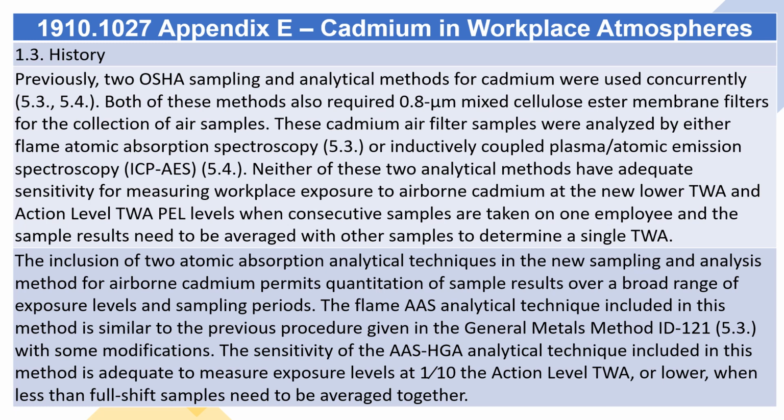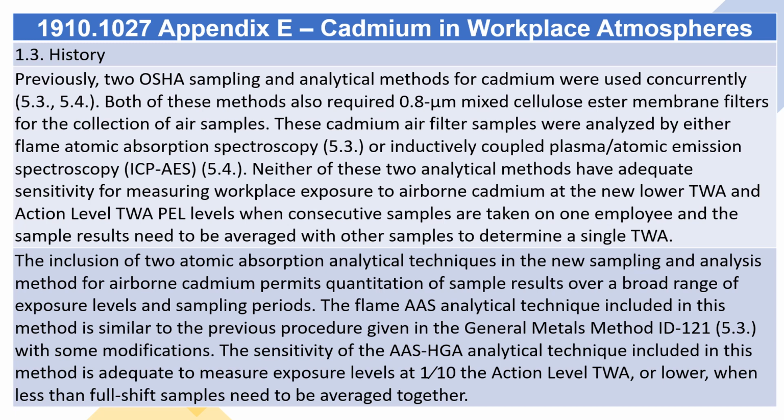1.3. History. Previously, two OSHA sampling and analytical methods for cadmium were used concurrently, 5.3, 5.4. Both of these methods also required 0.8 µm mixed cellulose ester membrane filters for the collection of air samples. These cadmium air filter samples were analyzed by either flame atomic absorption spectroscopy, 5.3, or inductively coupled plasma/atomic emission spectroscopy, ICP-AES, 5.4.